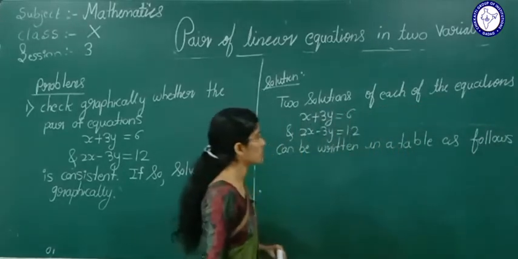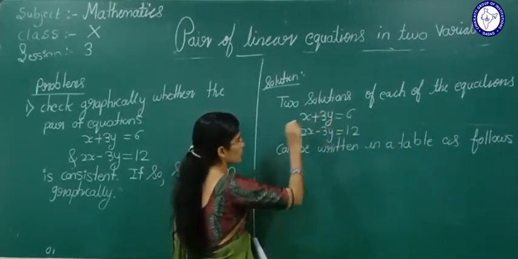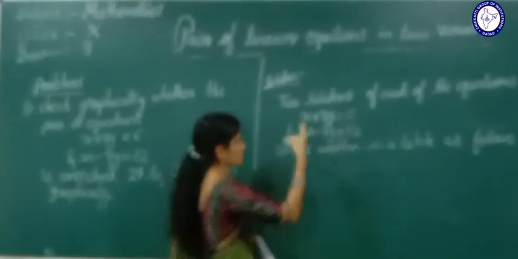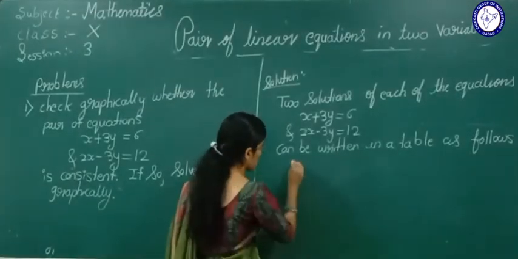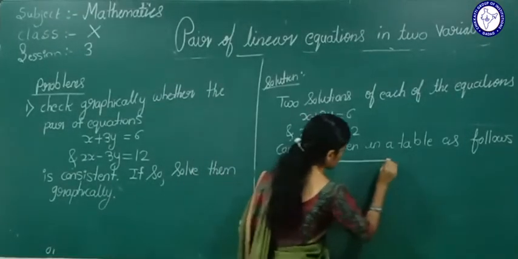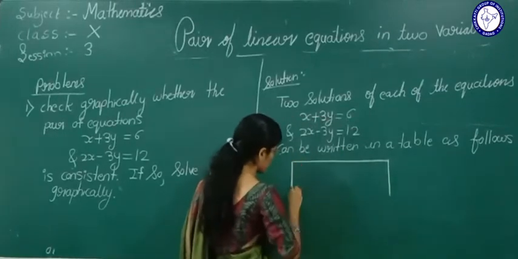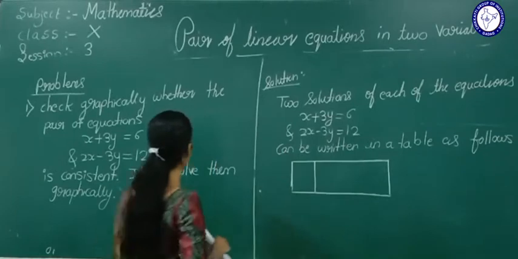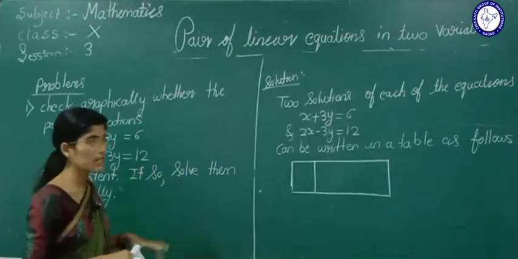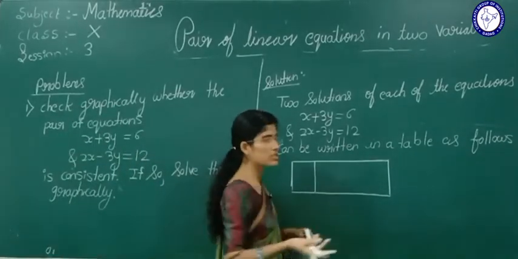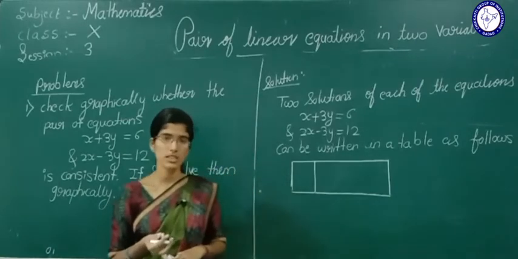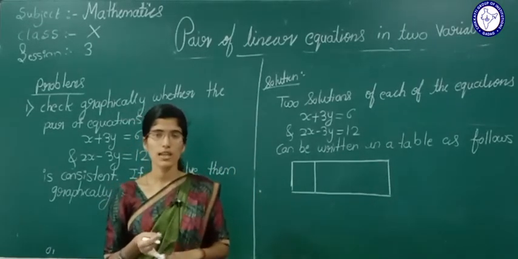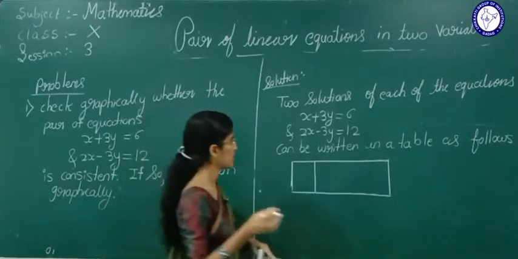We will find the solution of 1 and the solution of 2. What we are doing here is checking whether this system is consistent or not. The consistent case comes when two lines intersect or when two lines coincide.